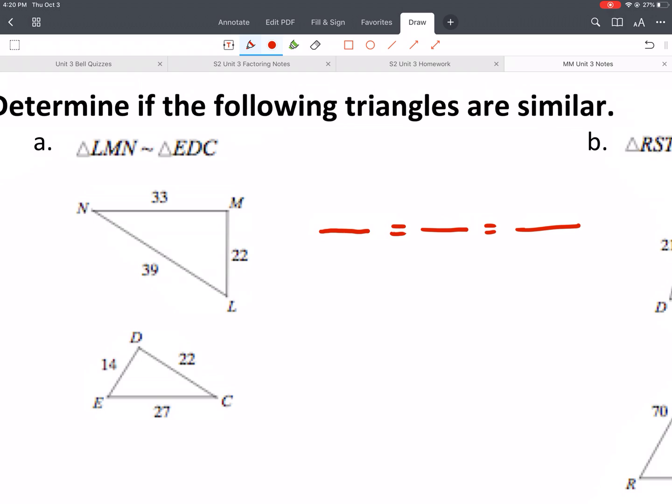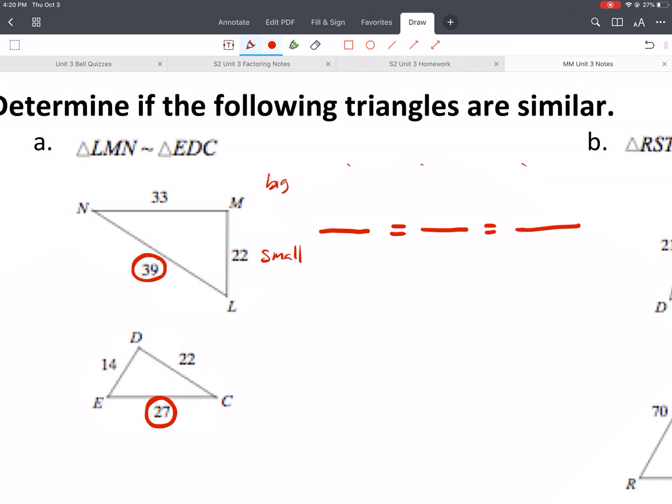When they give us all three sides, we can always say that the largest side of one triangle will correspond with the largest side of the other triangle. So if we want to do big on top and small on the bottom, it doesn't matter as long as you are consistent. If you're doing big on top, you have to do big on all three fractions.